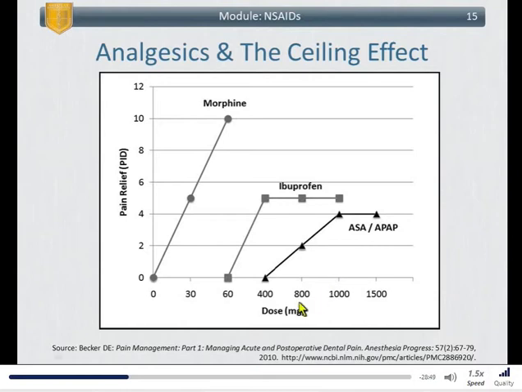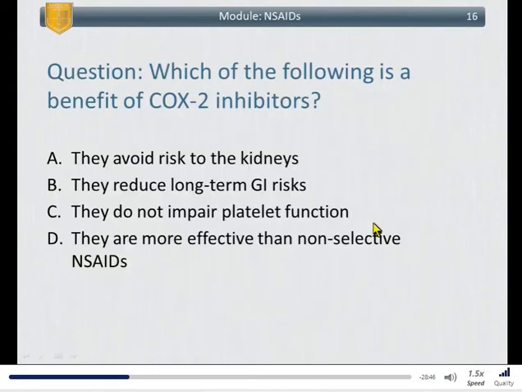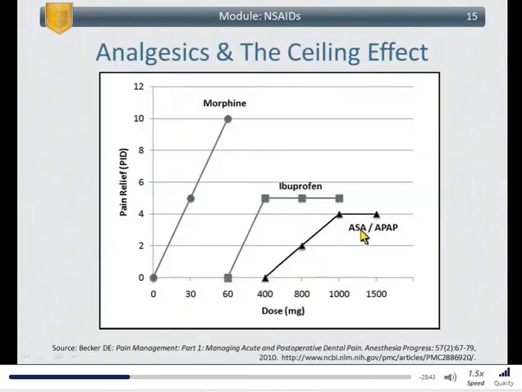So if you take a look at the far right here, this is maybe one of the better established ceiling effects, acetaminophen. Acetaminophen has a ceiling effect at 1,000 milligrams. Right? So at 1,000 milligrams, they've hit maximum analgesia. So taking that third extra strength Tylenol at that point, taking that third one will not give you any additional analgesia, just additional risk.